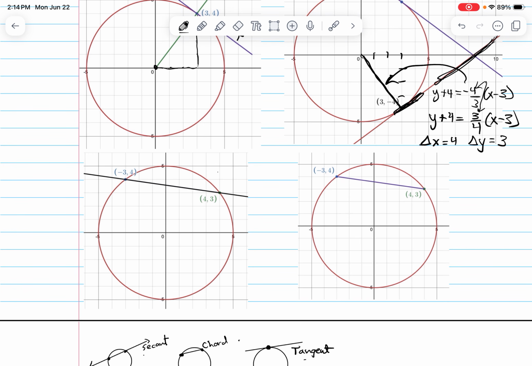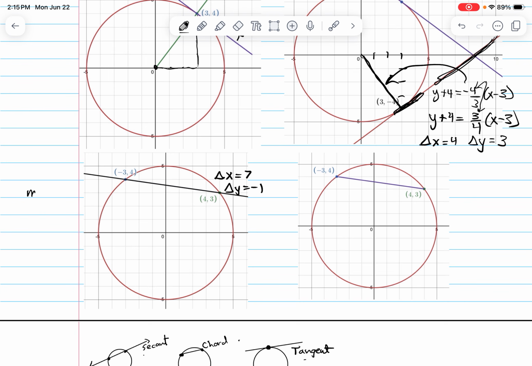So delta x equals 7. And let's see what delta y is. Delta y is negative 1. Isn't that right? So let's see here. Actually, yeah. So let's count it off again. 1, 2, 3, 4, 5, 6, 7, and then down 1. Yeah. So delta y.